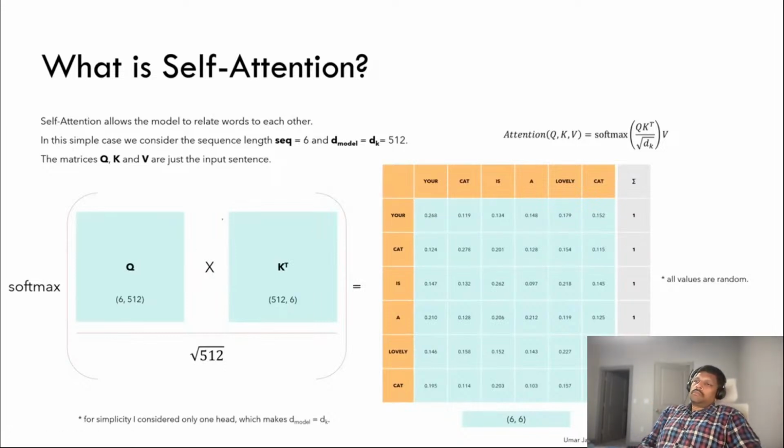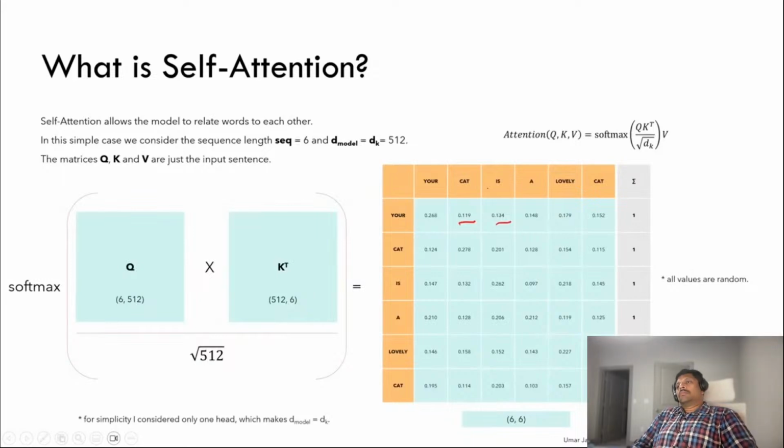And this value we see here is the dot product of the first word with the embedding of the word itself. This value here is the dot product of the embedding of the word your with the embedding of the word can. And this value here is the dot product of the embedding of the word your with the embedding of the word is.